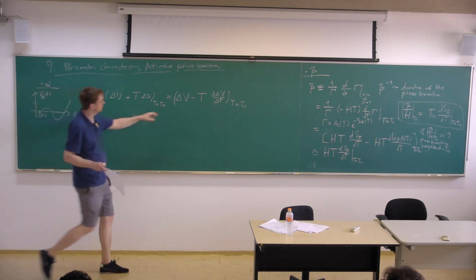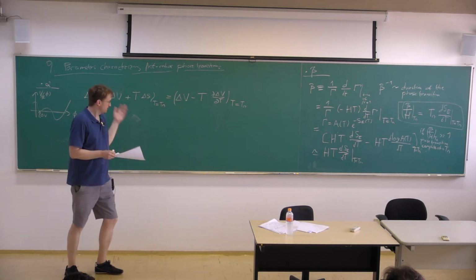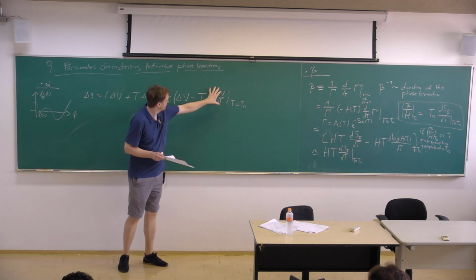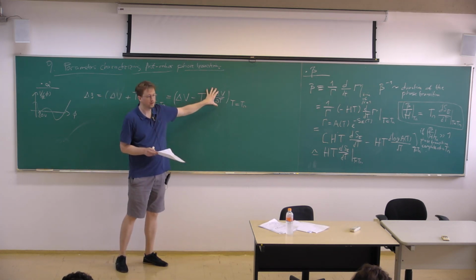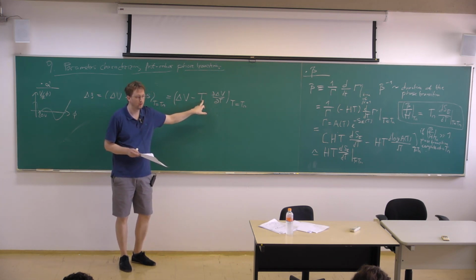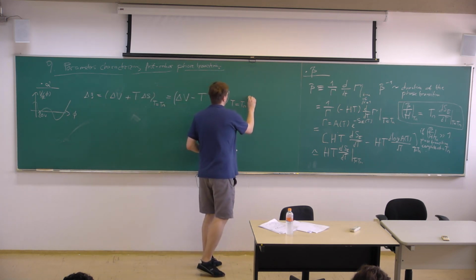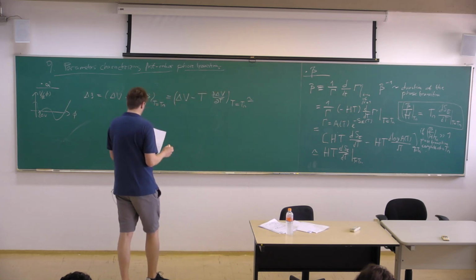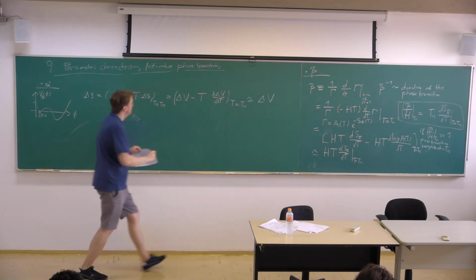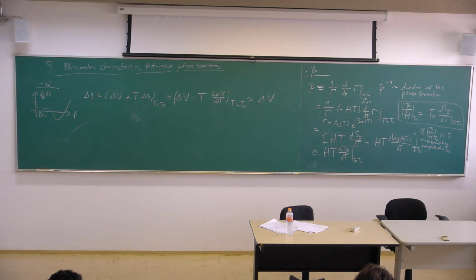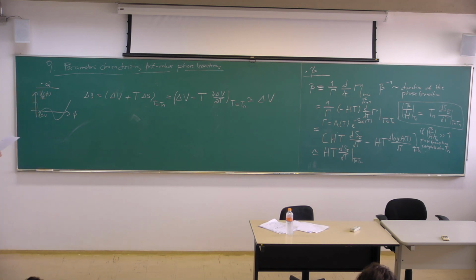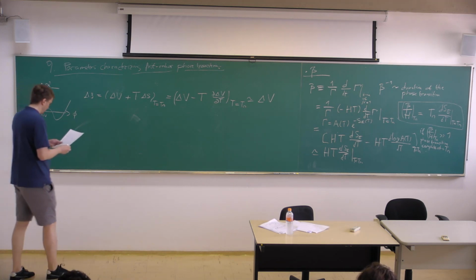But this was maybe a little bit of an unnecessary detour, because in general you can neglect this piece, especially for supercooled phase transitions, because the temperature here is quite small. Typically you can just neglect it and this is delta V. So we approximate the energy density difference by the free energy density difference.